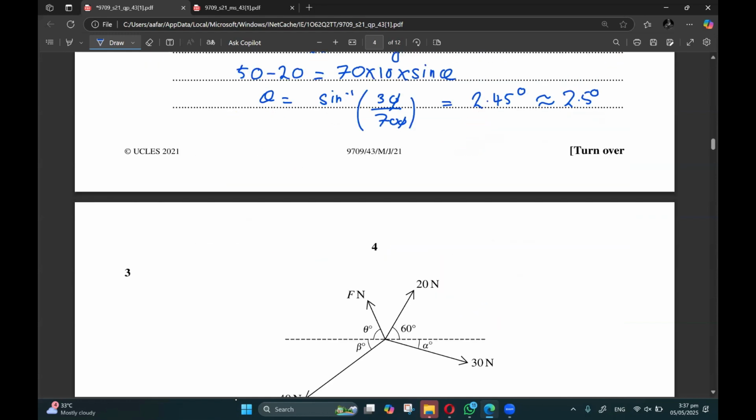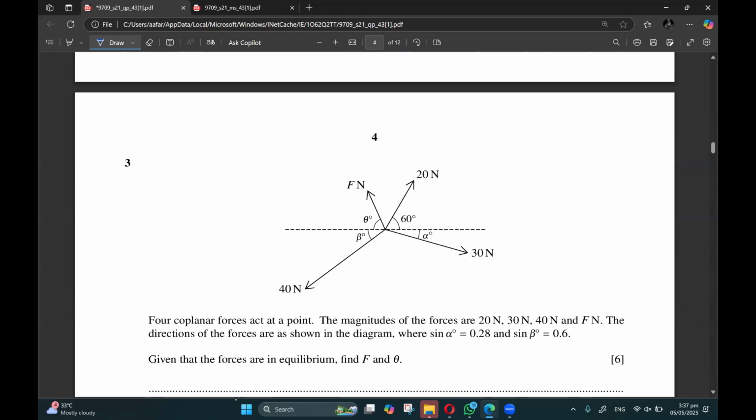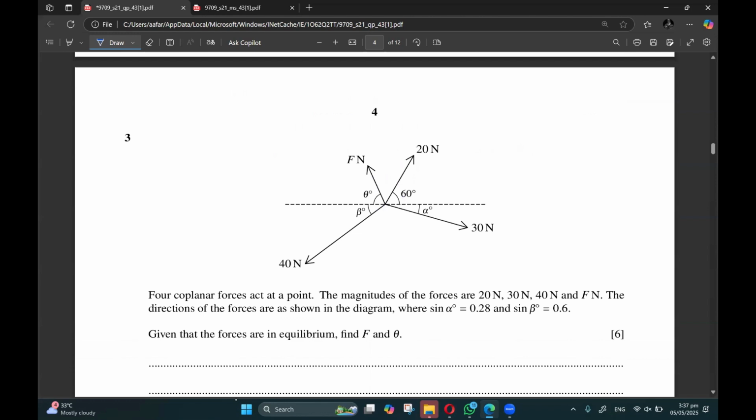Okay. Next question, forces. So for coplanar forces, they're acting in the same plane. No three-dimensional stuff going on here. The magnitudes of the forces are 20, 30, 40, and F. The directions of the forces are as shown in the diagram, where sine alpha is 0.28.